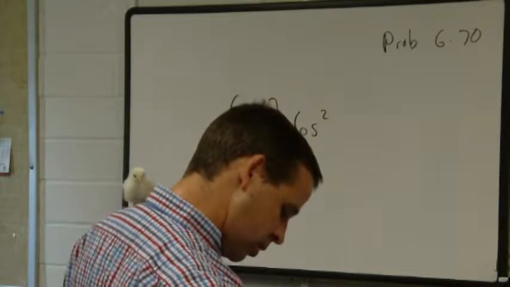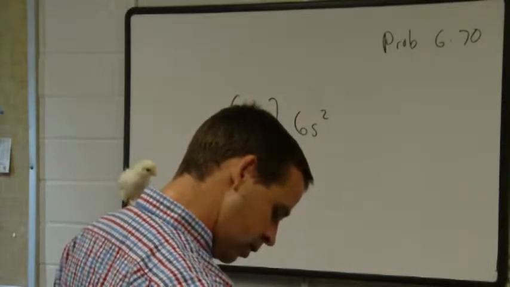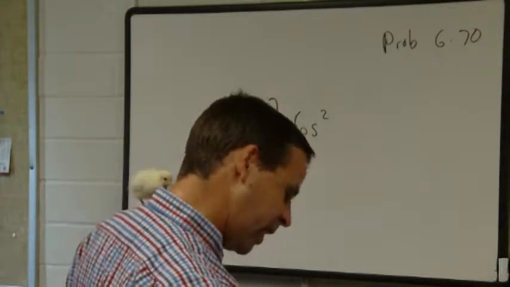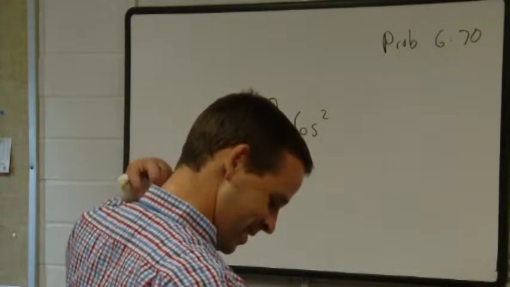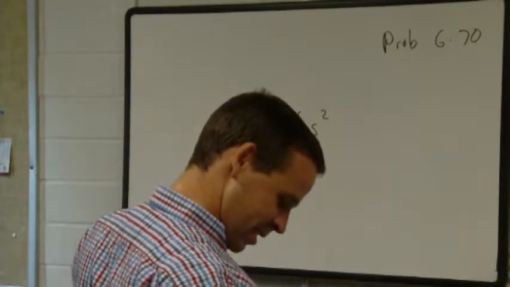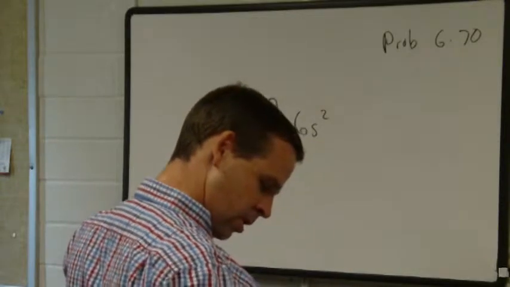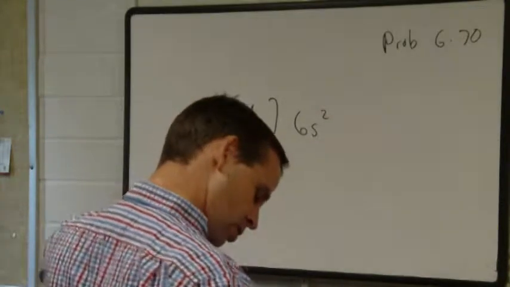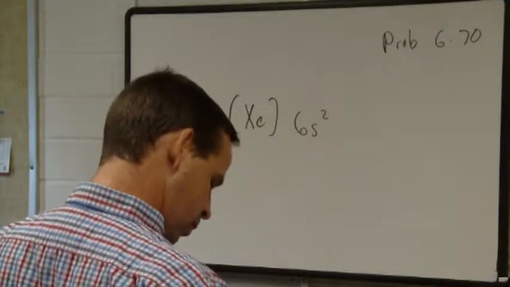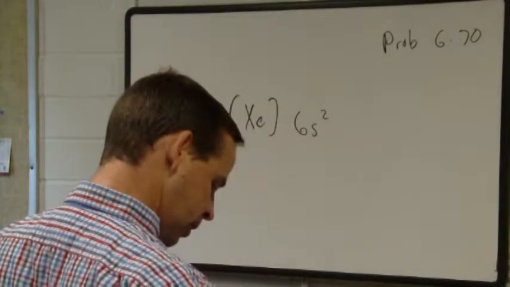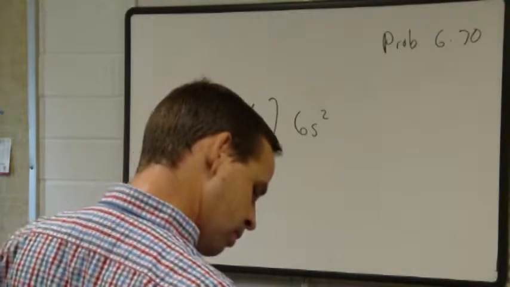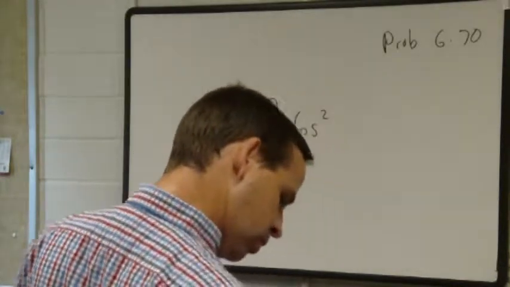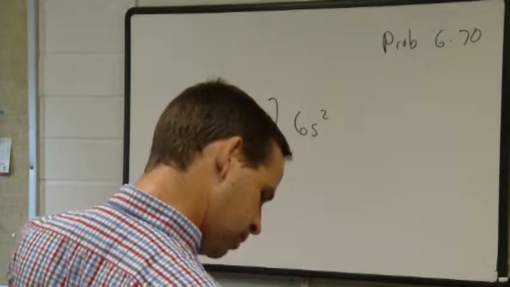And then after 6s2, we start filling, let's see, we have one d orbital in lanthanum, and then we start filling our cerium to lutetium.